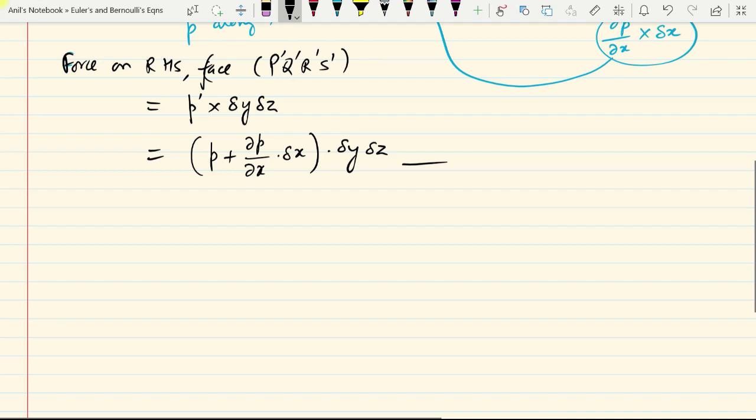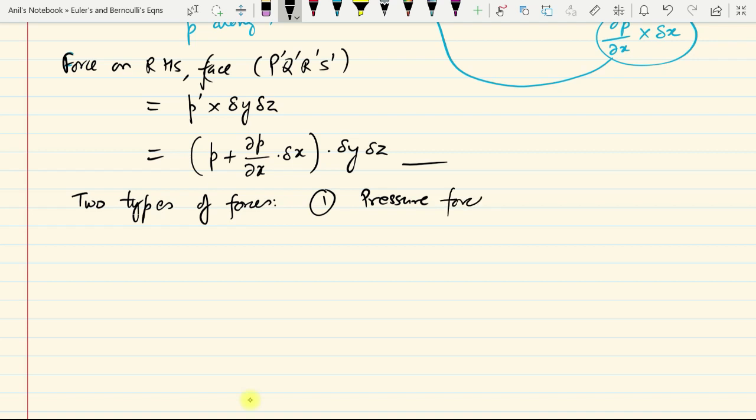Now in Euler's equation of motion, we have two types of forces acting on the fluid, and these are pressure force and body force.